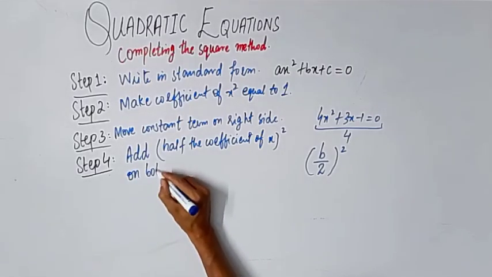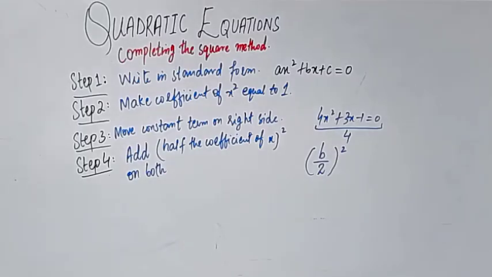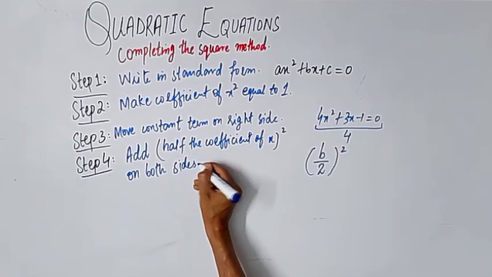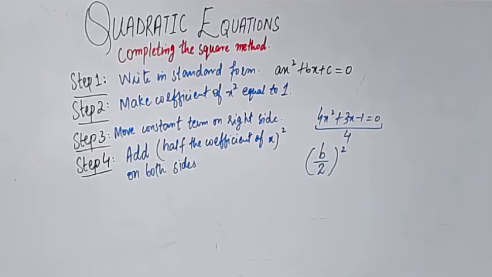Because in mathematics, we are not allowed to do a particular operation on one side by ourselves. If you want to balance the equation, you have to do it on both sides of the equation. So whatever the coefficient of x, you have to halve it, meaning divide by 2, put a square on it and then add it on both sides of the equation.